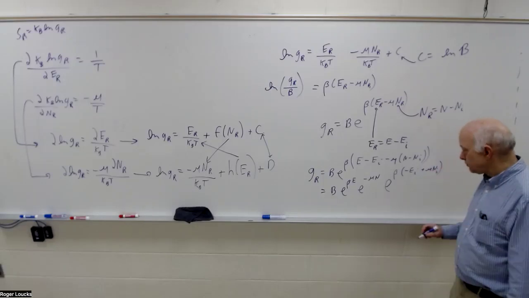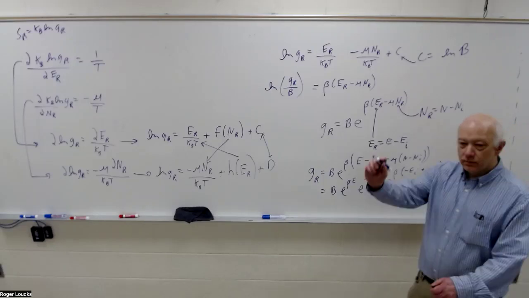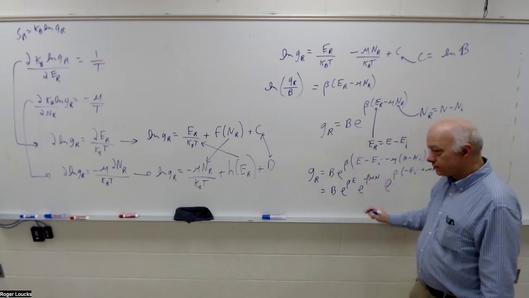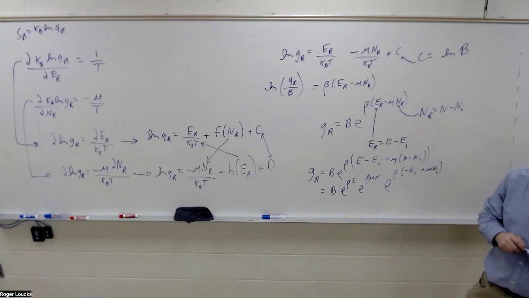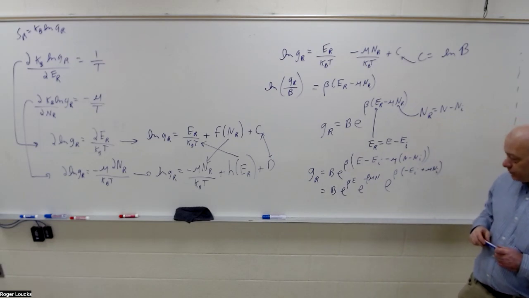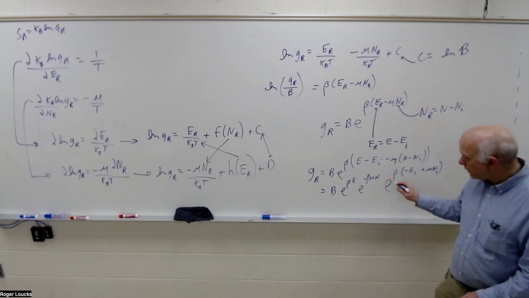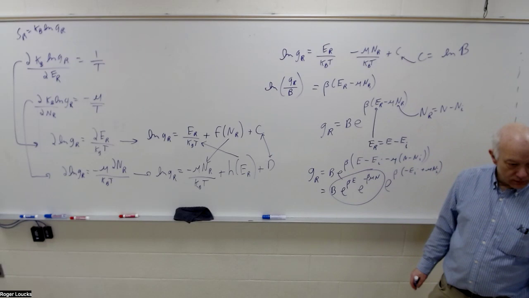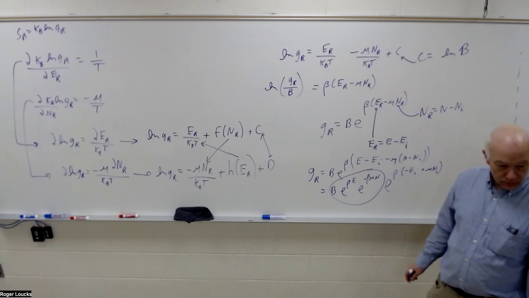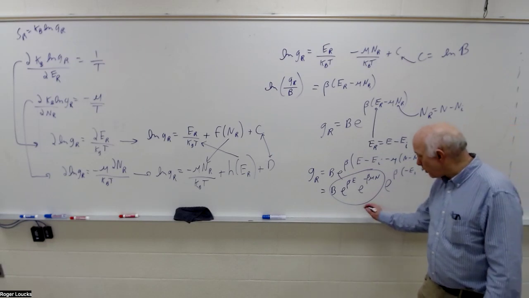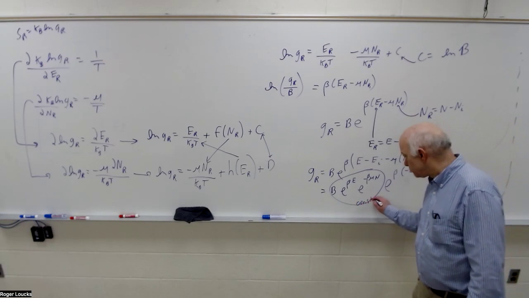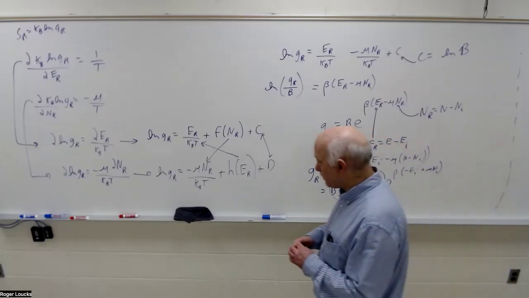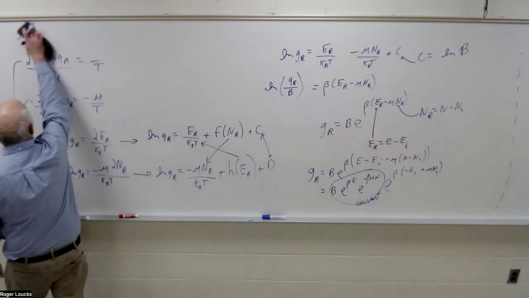I think you need a beta in front of that mu N. Yes. Yep. But since I have marker, watch what I can do. That's spectacular. That makes sense? Now, what do I know about all these terms in front? These are all constants. And I'm going to pull out a minus sign out of that exponential term. That's what I really have.